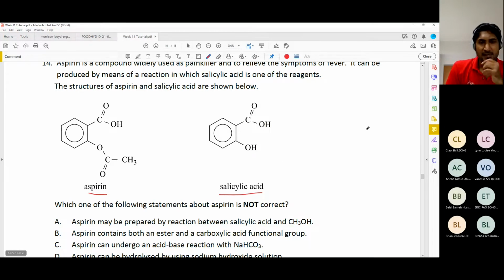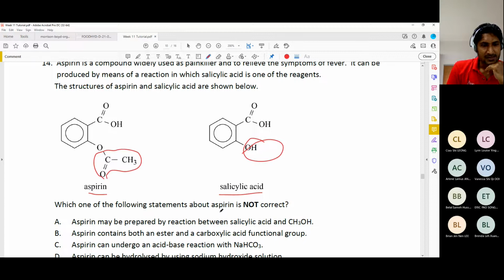Aspirin is very similar to that, only here there is a little bit of extra something. So this is the difference. Aspirin, we can use for our health purposes. Salicylic acid, we can use a little for food preservative purposes.